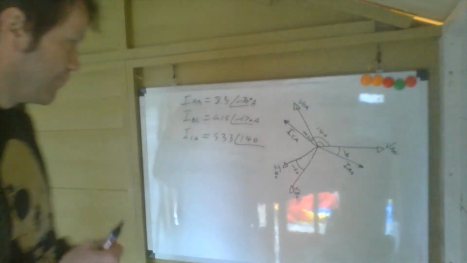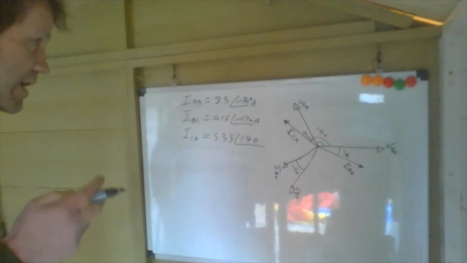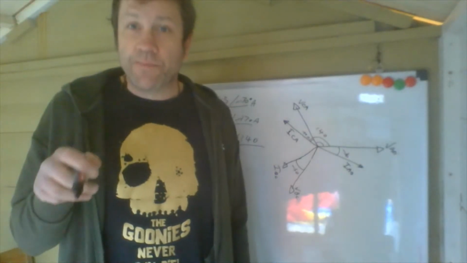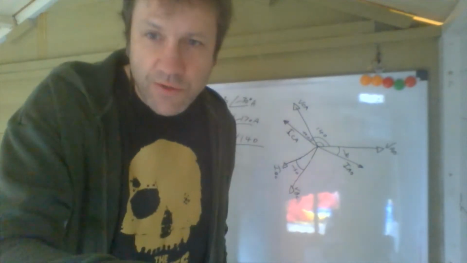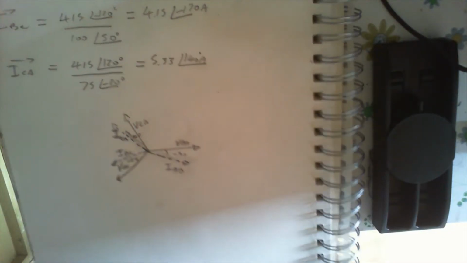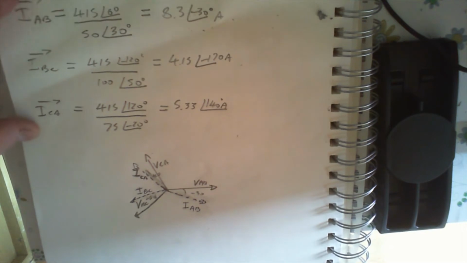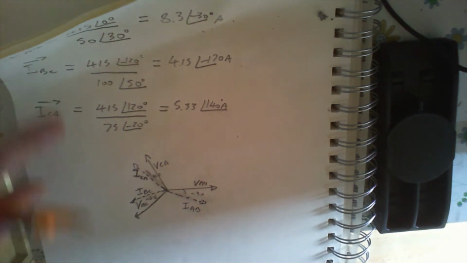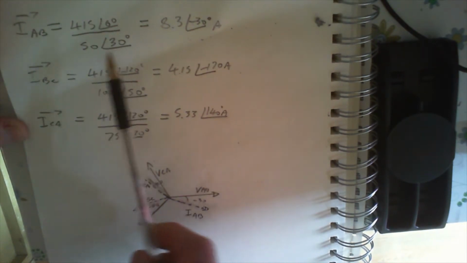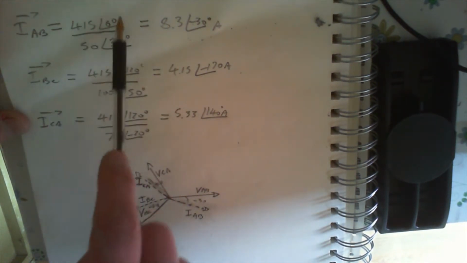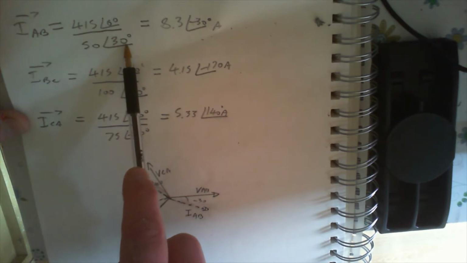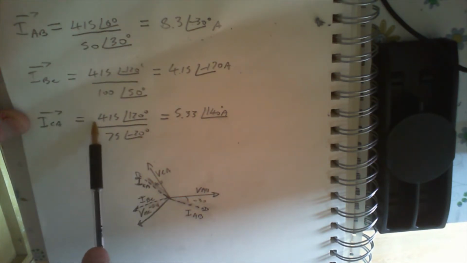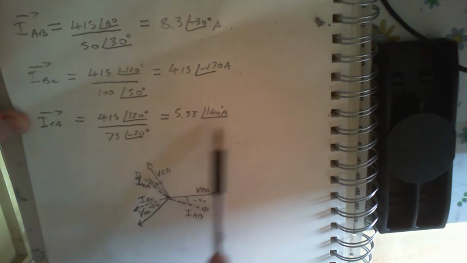Now, I will look at the currents now, and so I'm going to stop this now and do a wee. Again, just to quickly show you, if you couldn't see on the board there, I've worked out the currents, VAB over ZAB, VBC over ZBC, and VCA over ZCA.